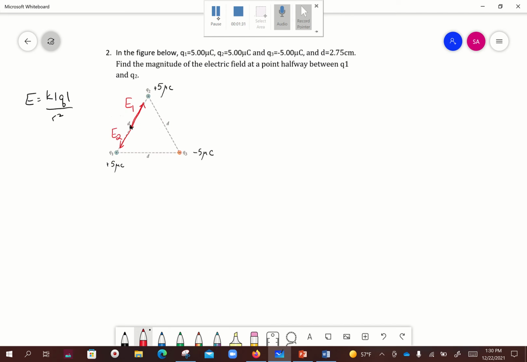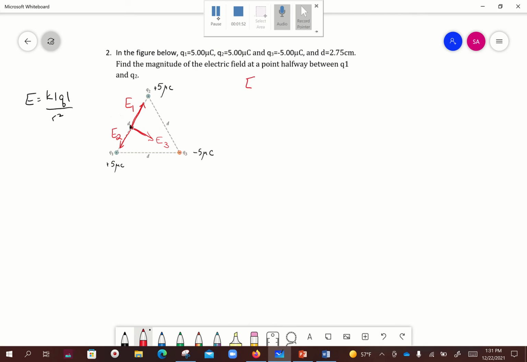And so E1 and E2 are opposite to each other in direction. And E3 goes into a negative charge, so it goes from that point with the black X to Q3. So there's E3. I'm going to do the same thing that I did before: find the magnitude, break it into components, add it together.